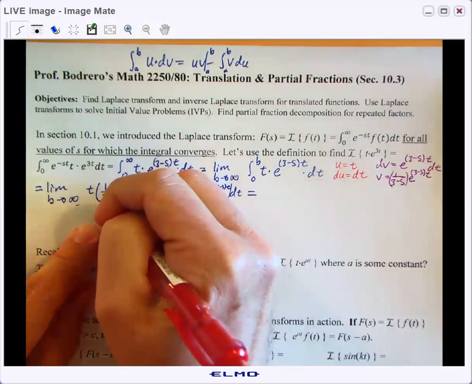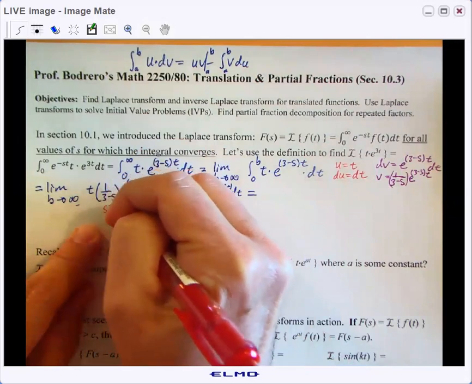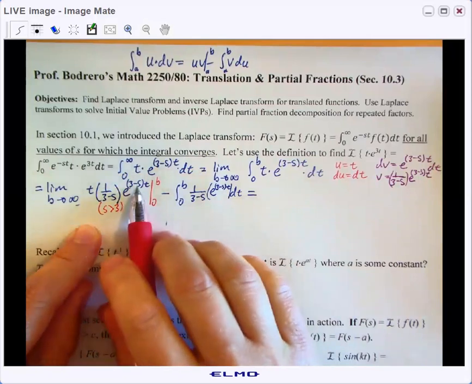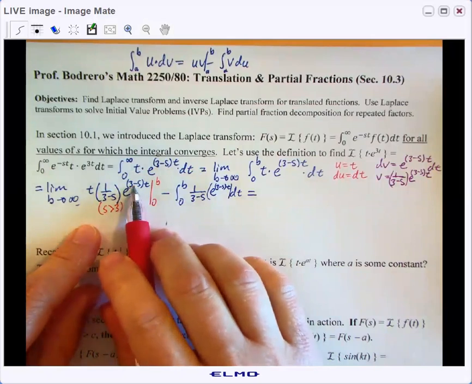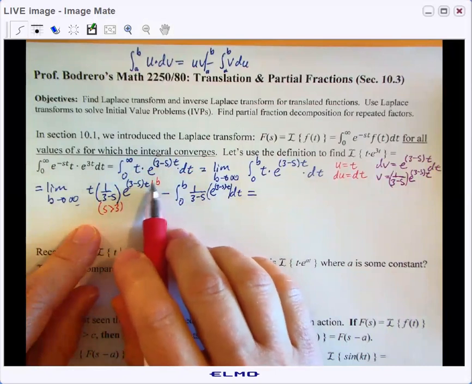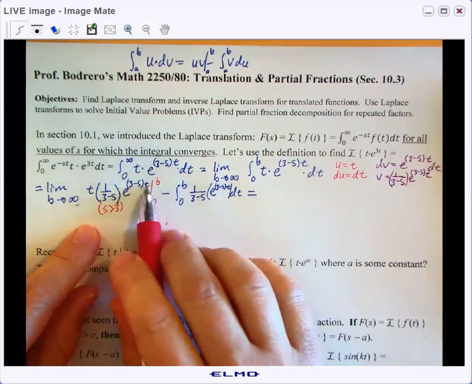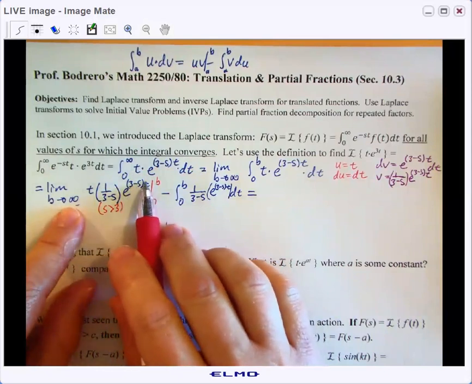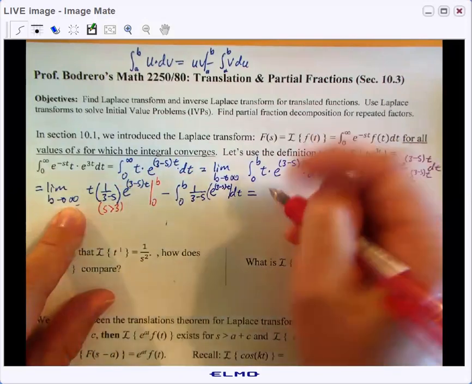So we're going to put on the restriction that s is greater than 3. And so if s is greater than 3, 3 minus s is a negative number, and as we substitute b in for t and b goes to infinity, this is going to be e to a negative super large power, which will then give me 0.